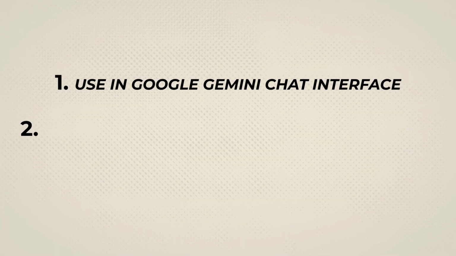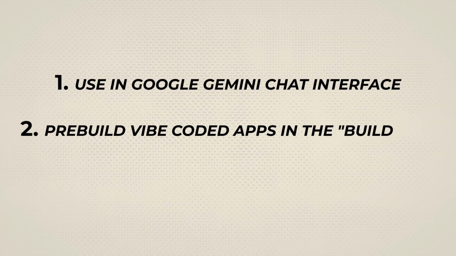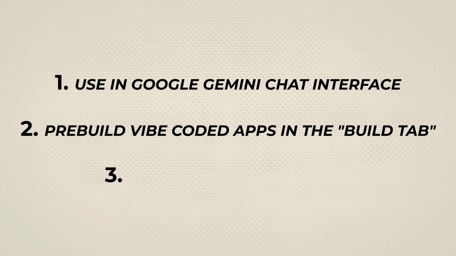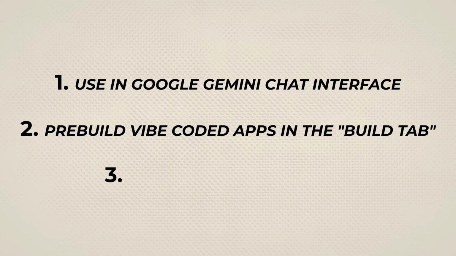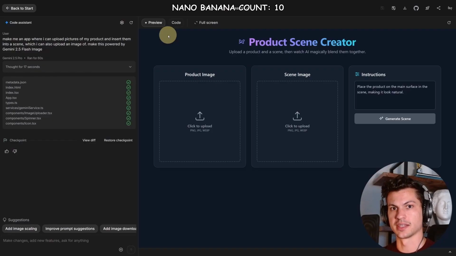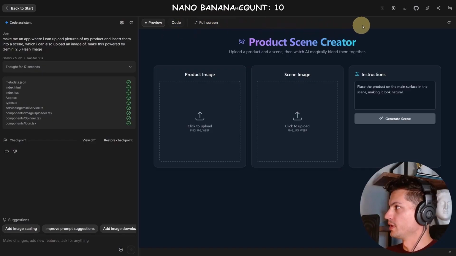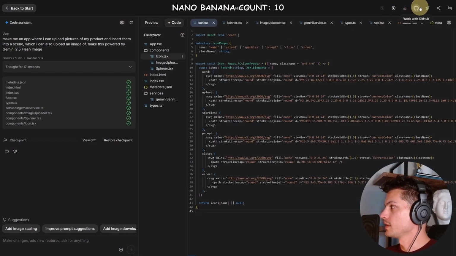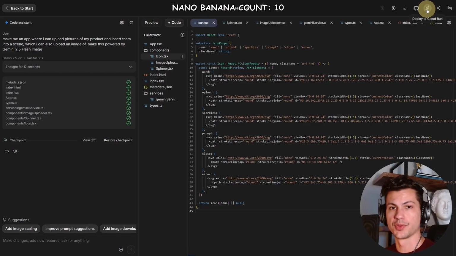Number 2 is going to be the pre-built vibe coded apps in the build tab. And level 3, which is where you're going to get the most business value, is creating your own apps. And if you really want to take it to the next level and build some custom solution with this new model for your business, after you build an app, you can save the code, you can download the app, you can work with GitHub, you can even deploy it from this UI.